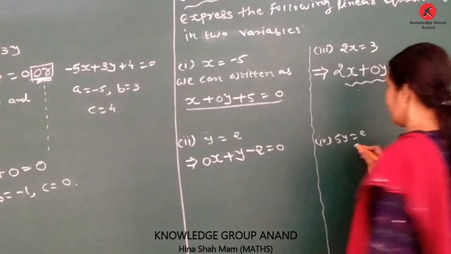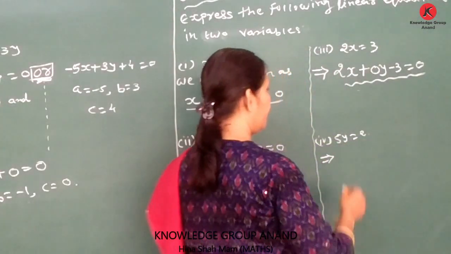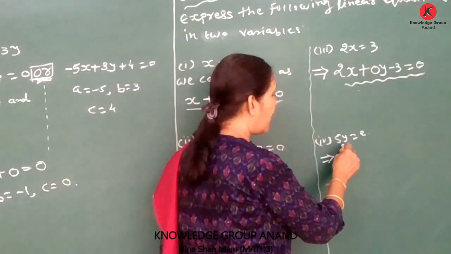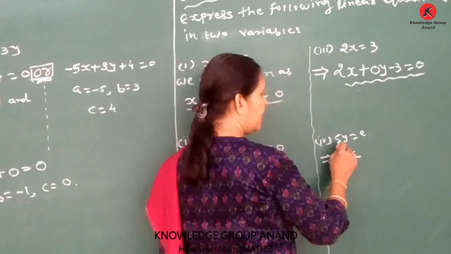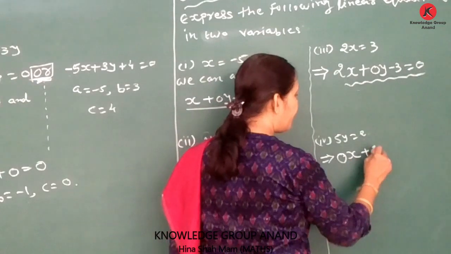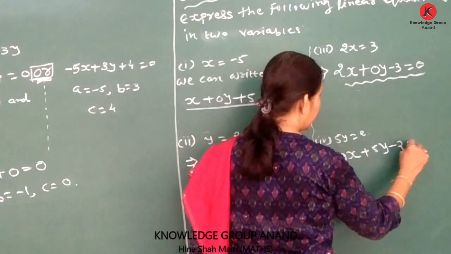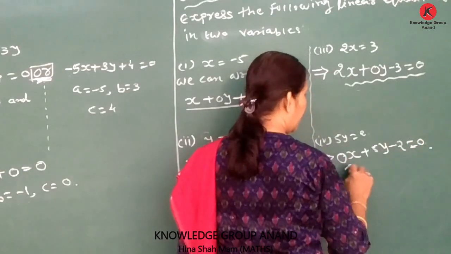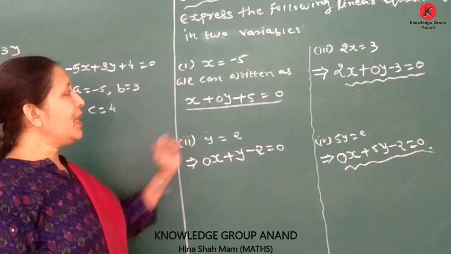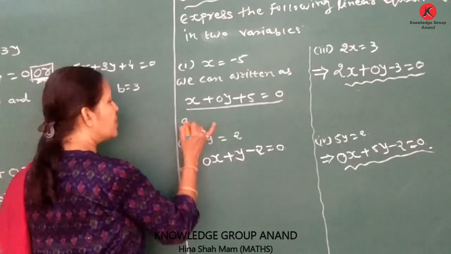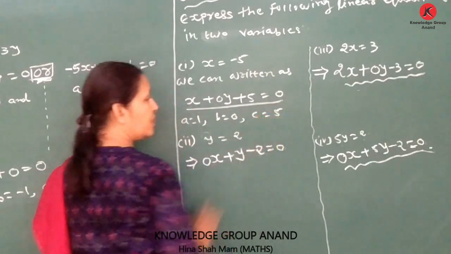In the last question, 5y is equal to 2. The x term does not exist, therefore 0x plus 5y minus 2 equals to 0. Suppose here we find a, b and c. Here a is equal to 1, b is equal to 0 and c is equal to 5.